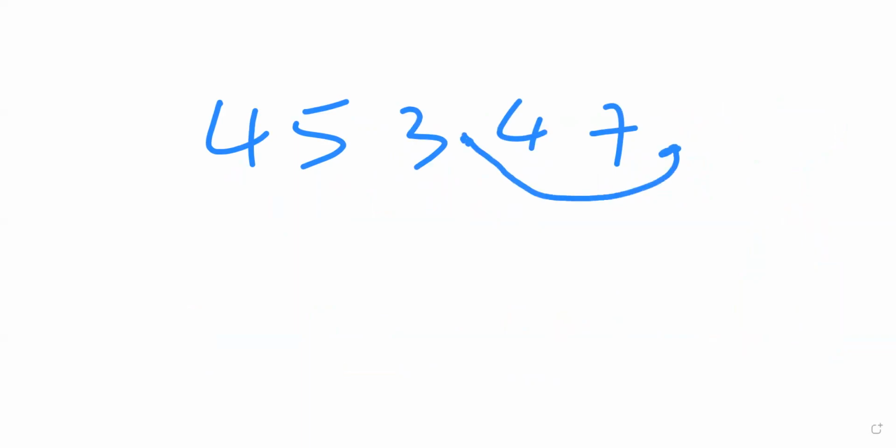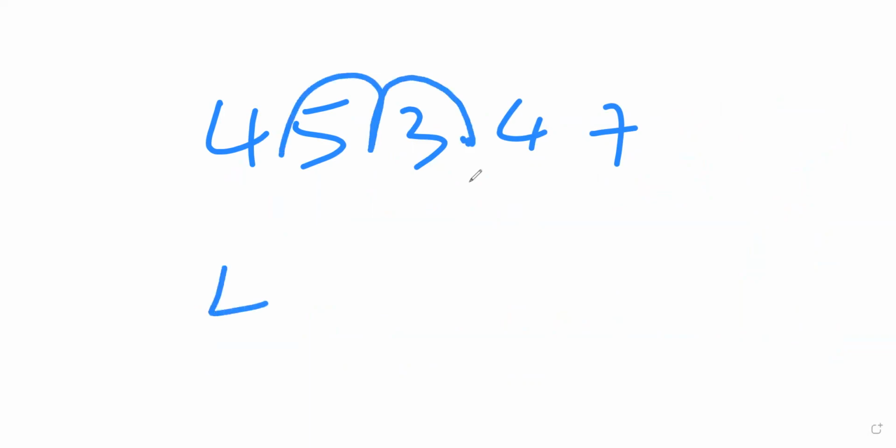Let's look at this tricky one. 453.47. Now, how would we do this one? Now we have our decimal point right here. It is not behind the number, it is shifted, right around there. So we treat it the same way. We take the decimal point and we move it 1, 2.